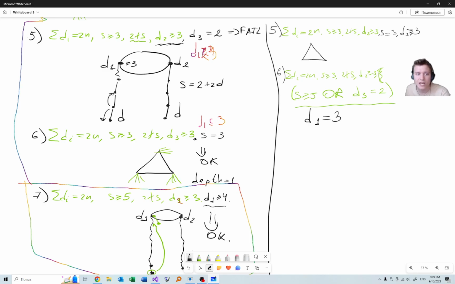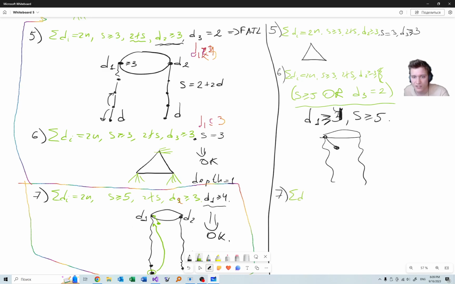Okay, no, I want to consider the case 7. So d1 is at least 4, and S is at least 5. In this case, I do this thingy and add one vertex here. So the 7th case. Now it becomes harder because of the logic problems.